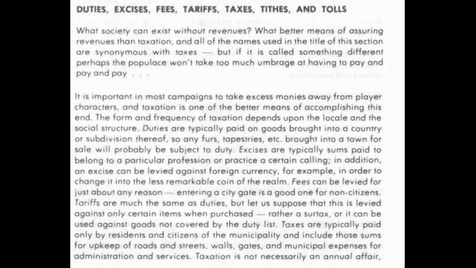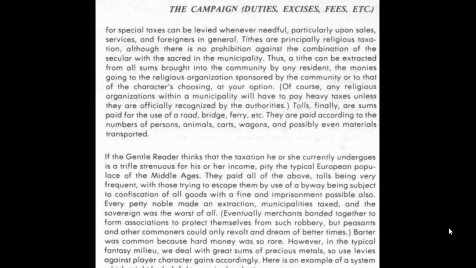So if players wound up with excess monies, and the DM felt that they were getting a little too fat and sassy and not getting out and adventuring and taking the various hooks that were ladled out before them, perhaps the idea here is, hey, if they got too much money that they don't think they need to go get more, then let's take some of it away from them, and this is a way. And it's true. This is a larger section.